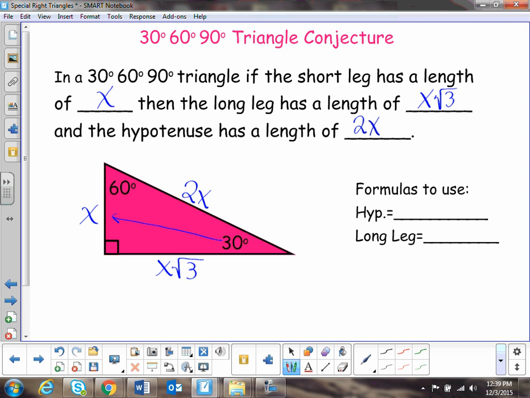If you want to put some formulas to use, you can. The hypotenuse is always going to be 2 times the short leg, which we call x. To figure out the long leg, you can always do whatever the short leg is times radical 3.